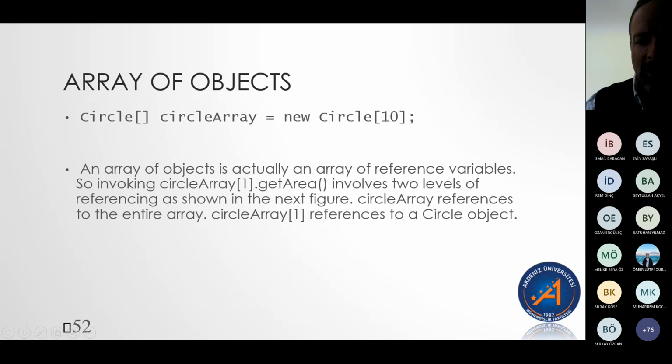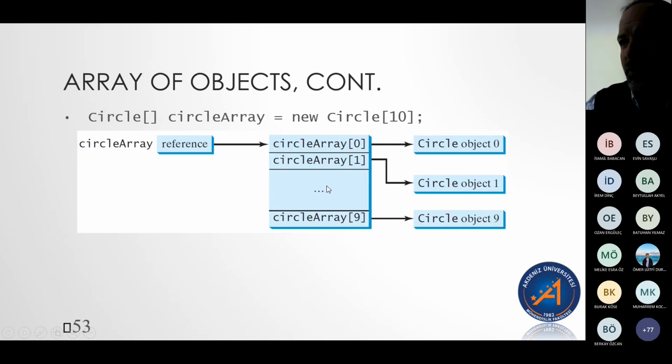Basically, it creates an array of reference variables, each pointing to its own object. We do it the same way we created arrays of other types. What is the type? Bracket. Give me an array name, then a new object type.